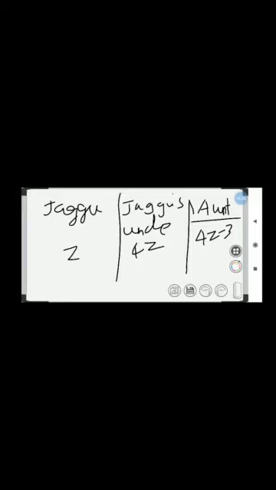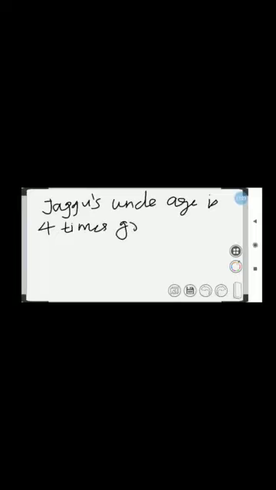First we have to write: Jagu's uncle's age is 4 times greater than Jagu.